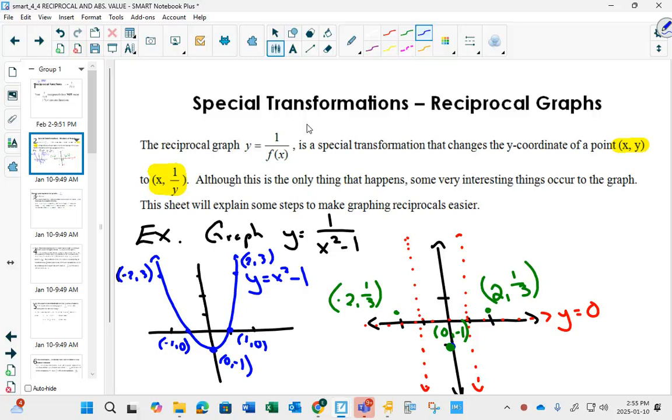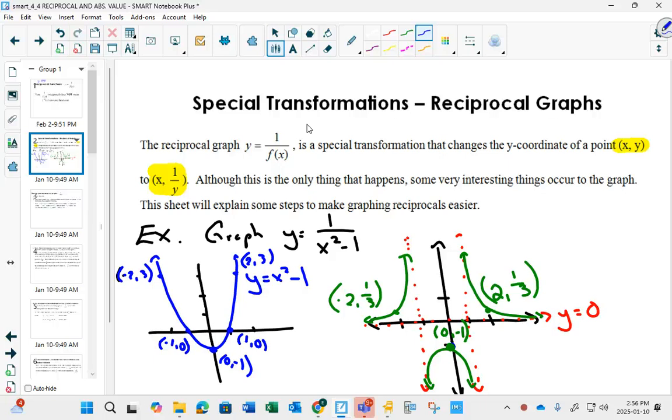We can also cheat from chapter 2 and say, if you have any kind of graph that's a fraction, any rational graph, and the top is 1, you're going to have no x-intercept ever, because you only have an x-intercept when the top is equal to 0. So with that, knowing there's no x-intercepts, I could say, well, it probably goes towards my asymptotes, and it does. But this reciprocal graph looks nothing like the graph that we started with. It's quite a bit different.